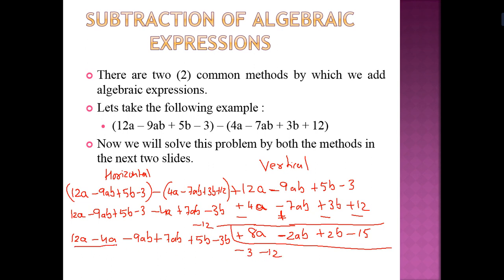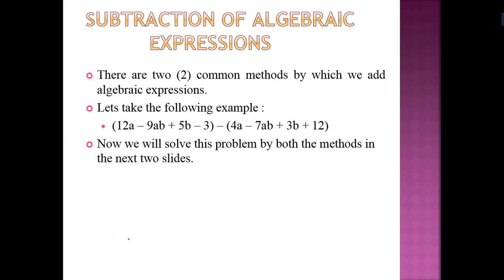So if I simplify this, we get 8a. If I simplify this, we get minus 2ab. If I simplify this, I will get plus 2b. And if I simplify this, I will get minus 15. So both ways we can get the same answer, either vertical or horizontal.